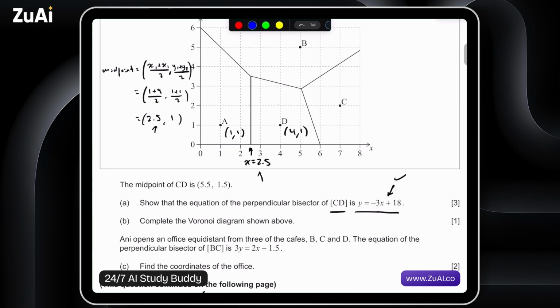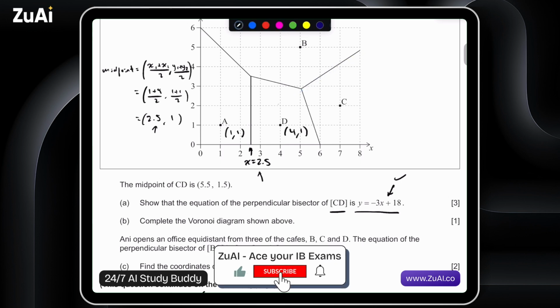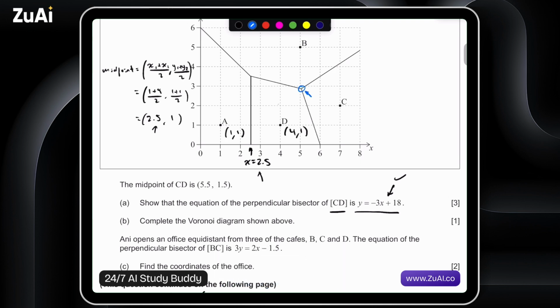Okay. So earlier they gave us the perpendicular bisector of CD. So we know this equation. And now they're giving us an equation of another perpendicular bisector. So essentially the boundary line between B and C. And we want to know where Annie is going to open this office. That is to say, we want to know the coordinate points of this junction, in this sense, where these boundary lines meet.